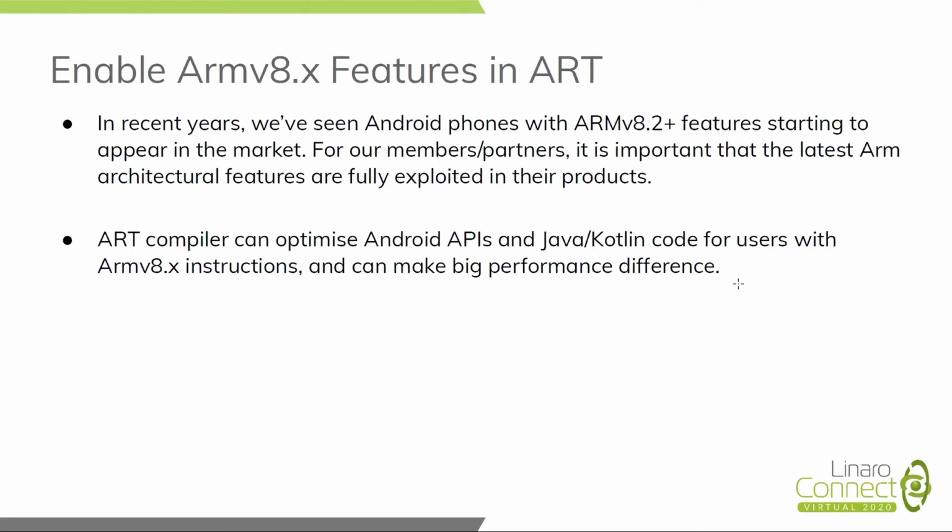And I think ART is such a unique layer in the Android software stack, because once we introduce and enable those features in ART, thousands and thousands of applications can automatically benefit from these optimizations and get big performance improvements, because they are all compiled by the ART compiler at the end of the day.